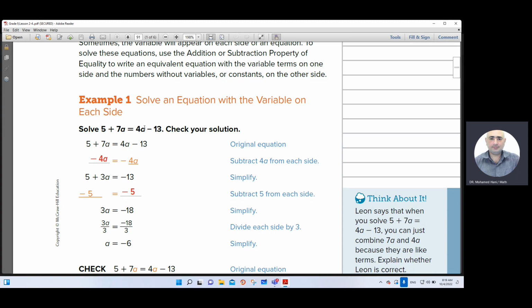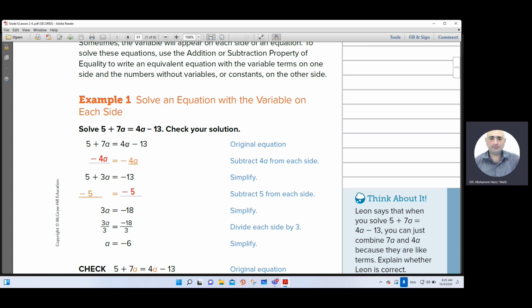What do I do to solve this problem? We try to remove the variable from one side. You can remove 7a from this side, or you can remove 4a from this side. So here we want to remove 4a from this side.